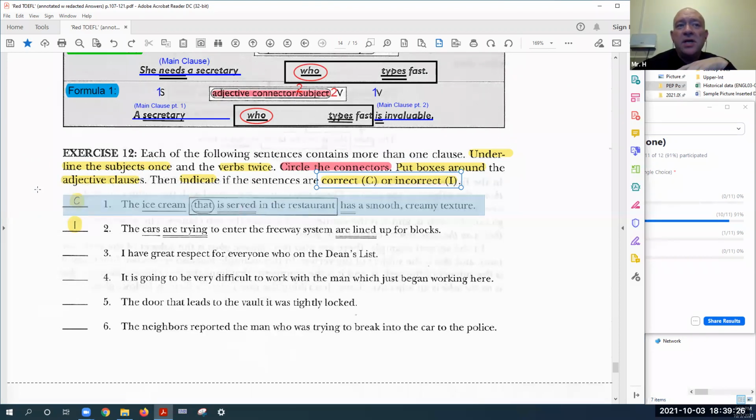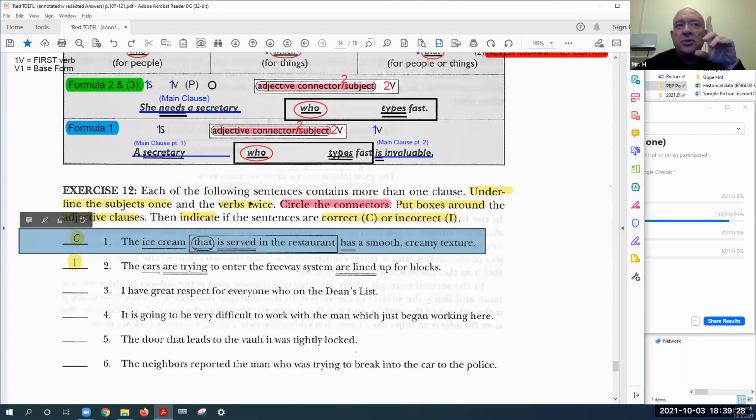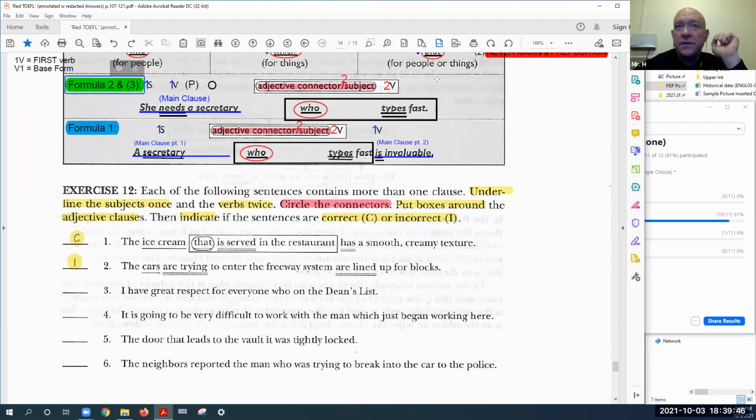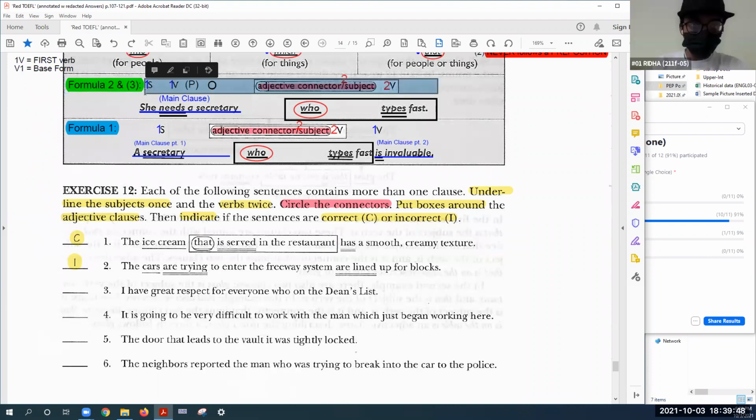Okay. Look at this example first, and you tell me which formula it looks like: Formula 1, Formula 2, or 3? It is Formula 2. No, the last one.